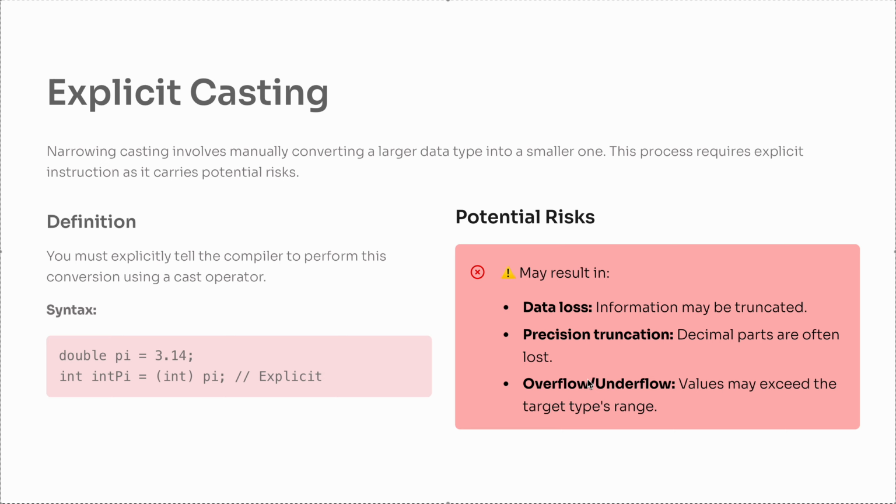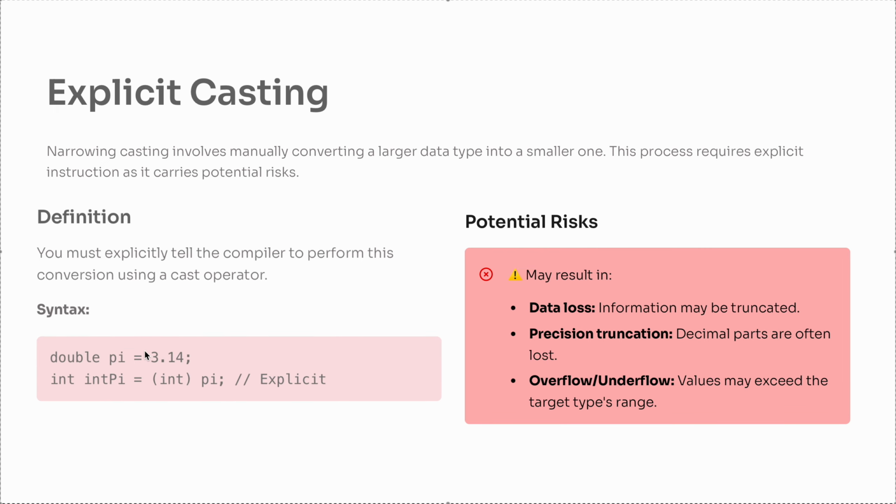Overflow is in the positive direction, like when you assign a large positive number to a short or a byte. And underflow is when you go in the negative direction.